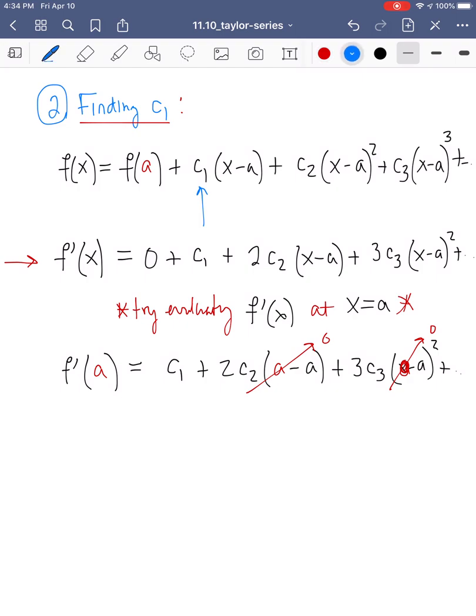So the only term that survives is that one that we cared about. So we've picked out our second coefficient. C1 is equal to the derivative of our function evaluated at a. And remember, going into this, a is some number that we're choosing before finding the power series representation.